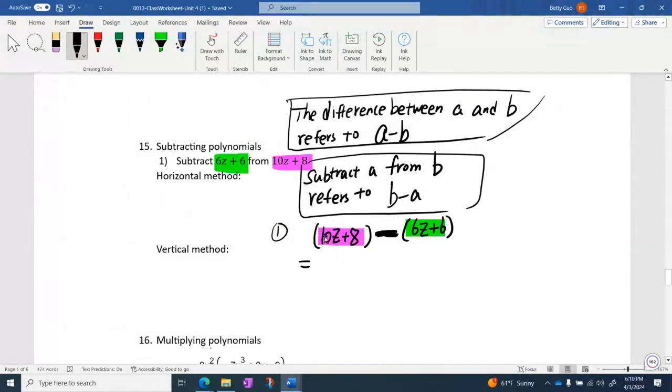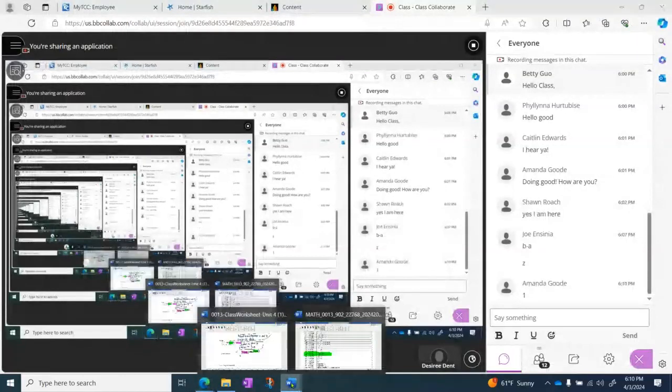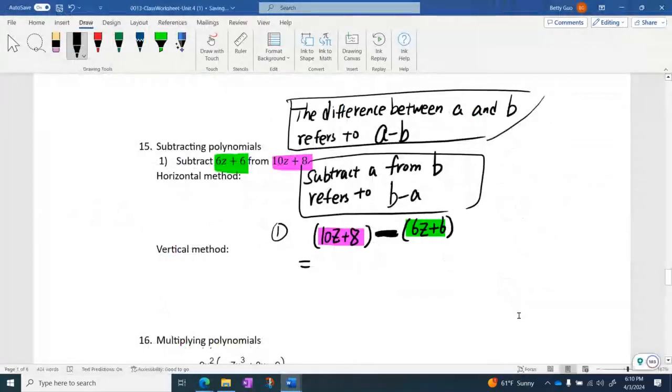Look at the parentheses that frame the pink. What's the coefficient? 1, awesome. Exactly. Correct. We have 1 here. And what's the coefficient of the parentheses that frame the green polynomial?